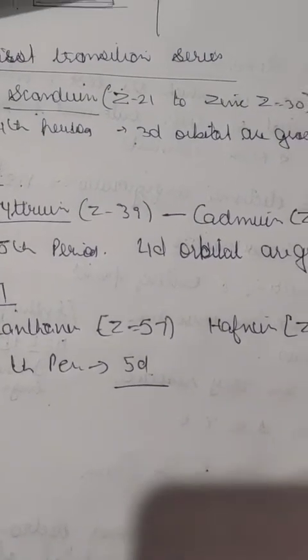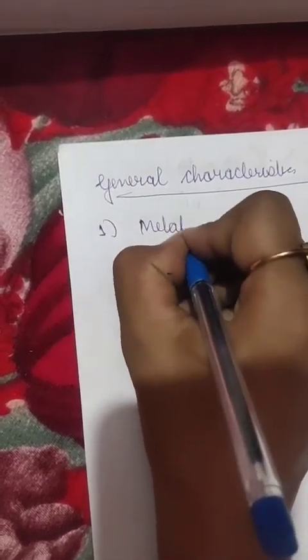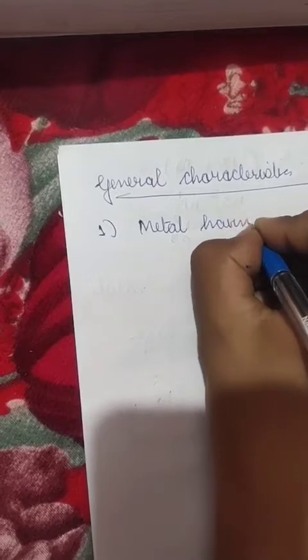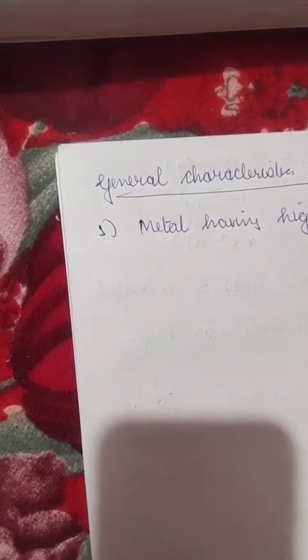Okay, so the general characteristics of d block elements are that they are metals having very high melting and boiling points.